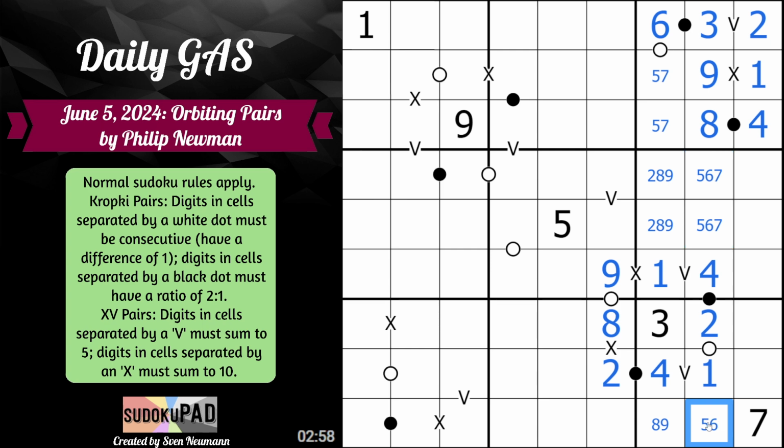This can't be 7. I guess housekeeping. This can't be 5. I feel like this isn't really helping much. Let's continue with our actual, I guess, useful clues, we could call it.